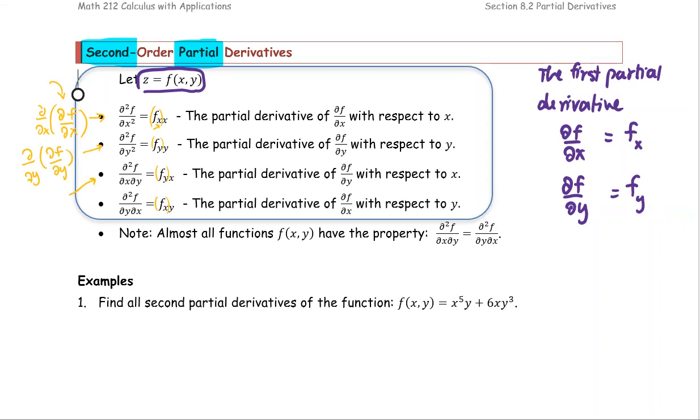The third one, you're gonna do the partial derivative with respect to x on top of the derivative with respect to y. It sounds confusing, right? And the next one, partial with respect to y of partial with respect to x. So you see the order of the derivative with respect to is different for the notations.